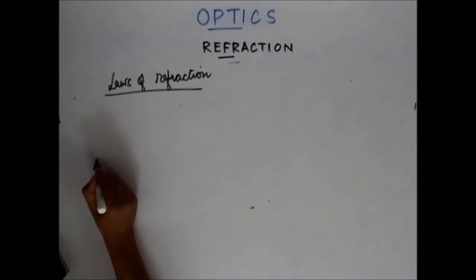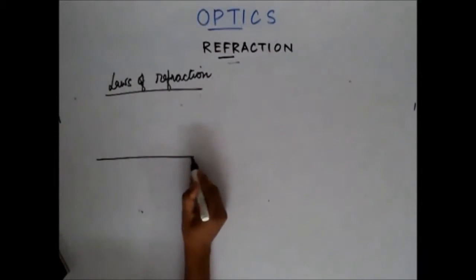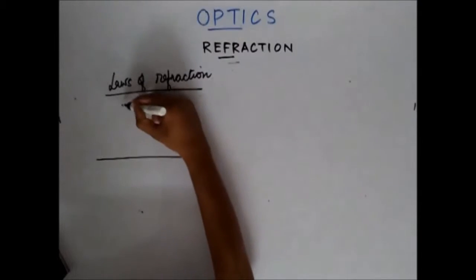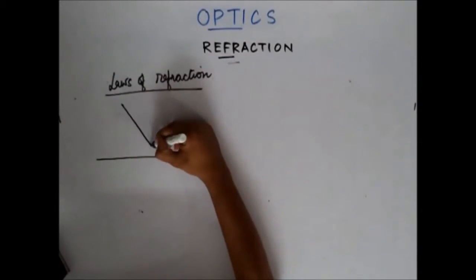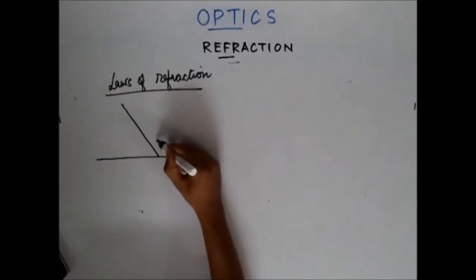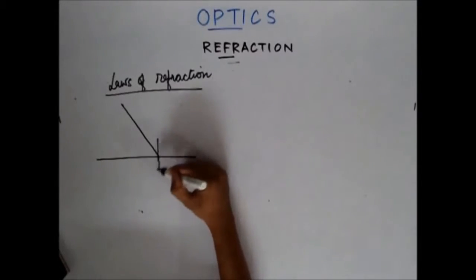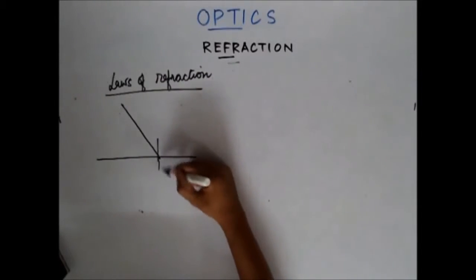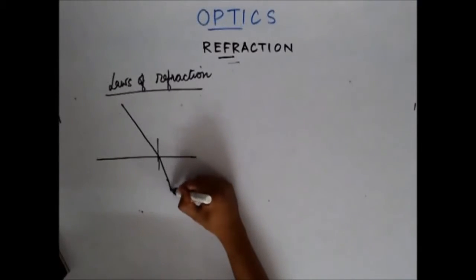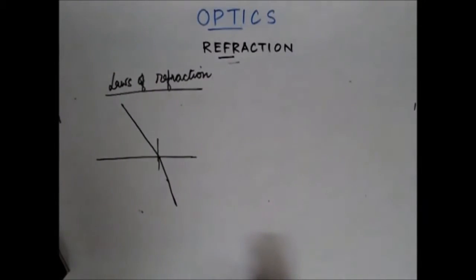So let's say this is my incident ray, this is the normal, and this is my refracted ray.